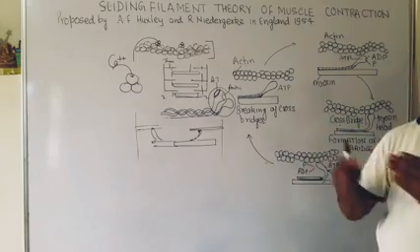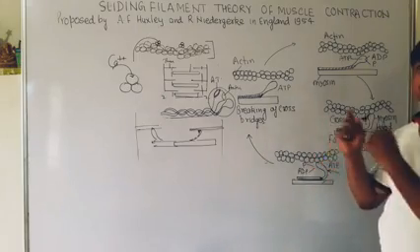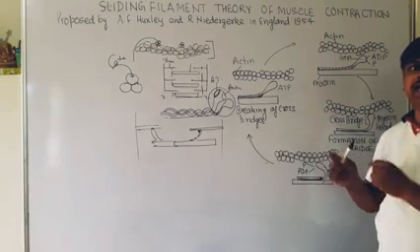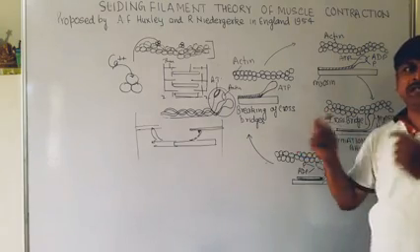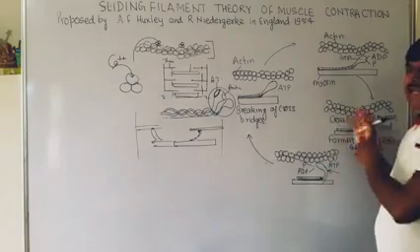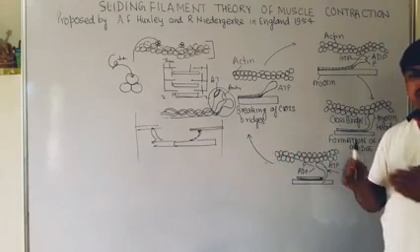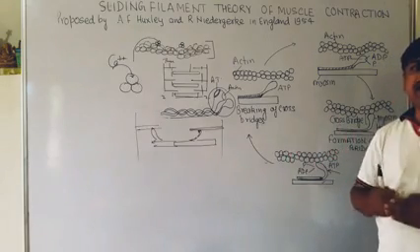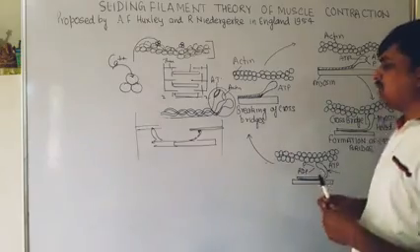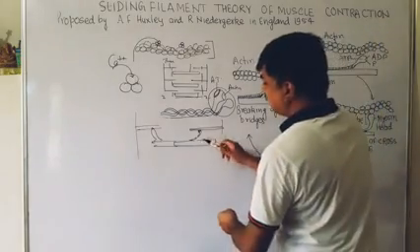Once again you listen, the myosin head binds to the active site on the actin to form a cross bridge. This utilizes energy from the hydrolysis of the ATP. Then this pulls the actin filament towards the center of the A band, clear.